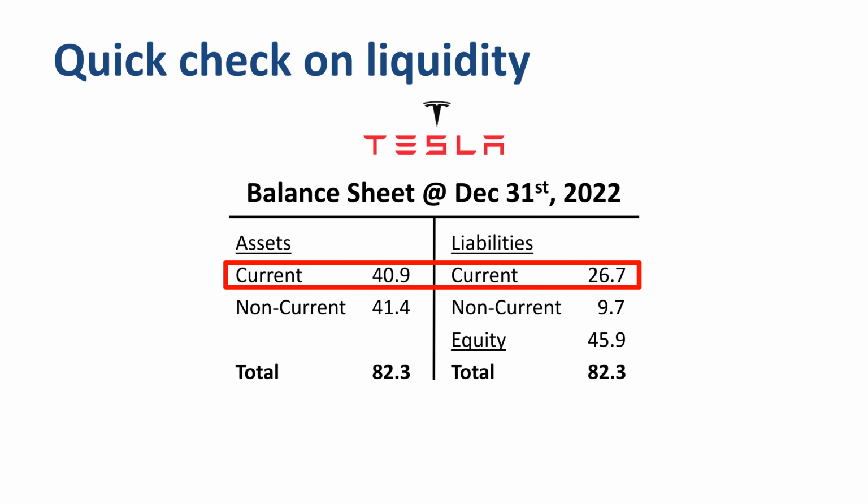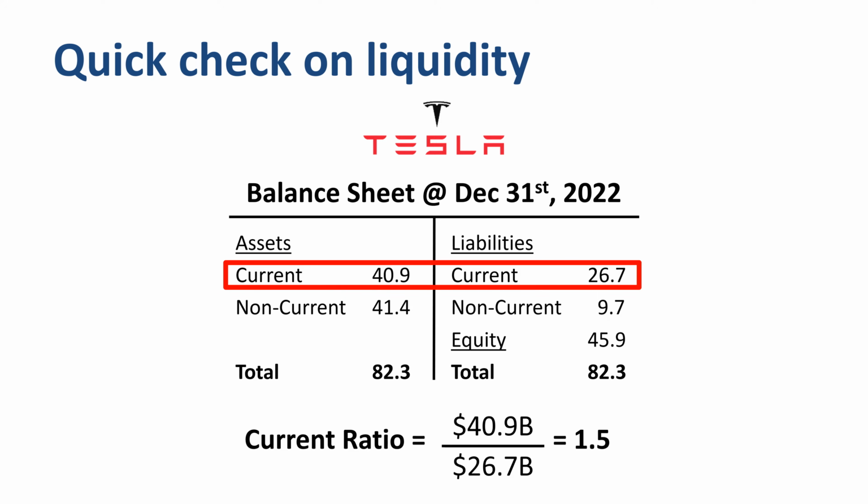More specifically, let's calculate the current ratio by dividing current assets by current liabilities. 40.9 divided by 26.7. Outcome, a current ratio of 1.5. A current ratio of 1.5 means that every dollar of current liabilities is covered by $1.50 of current assets against it.